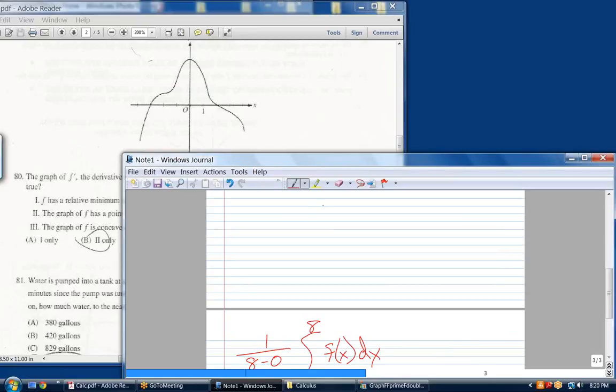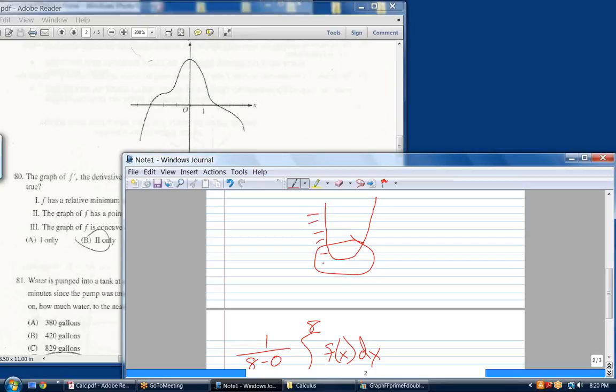If it's a minimum, in other words, if it looks like that, where there are relative minimums, what happens to the slope? The slope goes from negative, negative, negative, 0 to positive, positive, positive. So that's what we're looking for. Well, what's happening here?